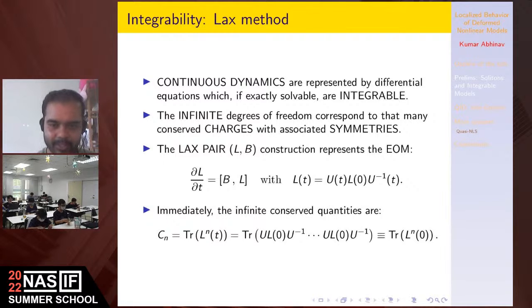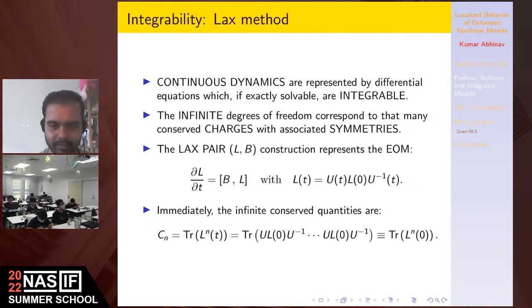And if there is a unitary evolution, you can construct an infinite number of quantities, because for any power of such operators, its trace will be time independent since it evolves unitarily. So you define the trace of the nth power of L, then take the evolution, and inside the trace you can change the order of the operators cyclically.